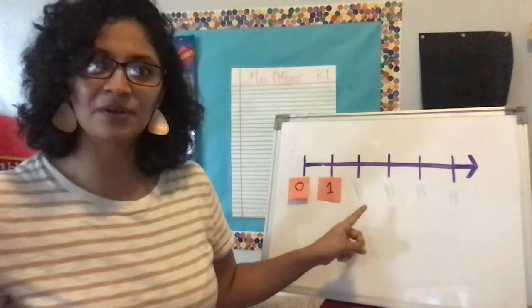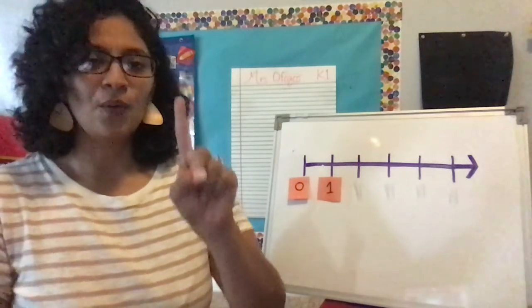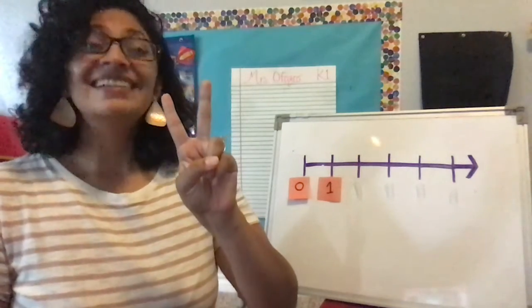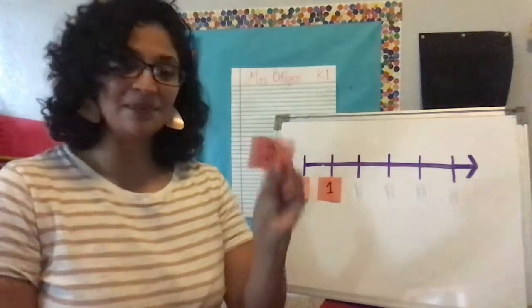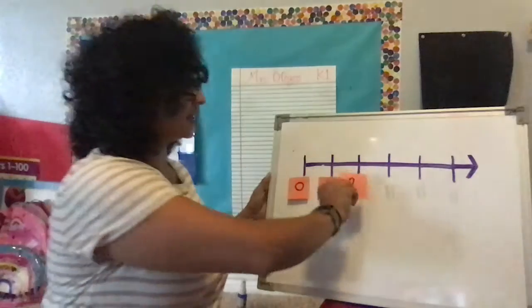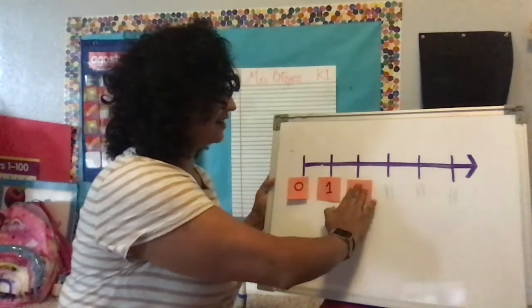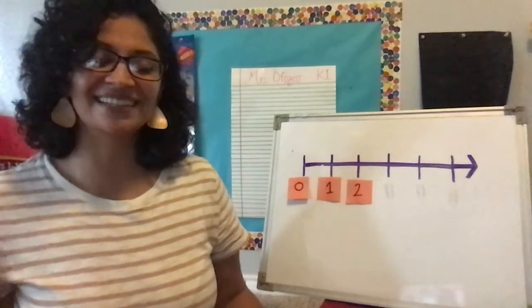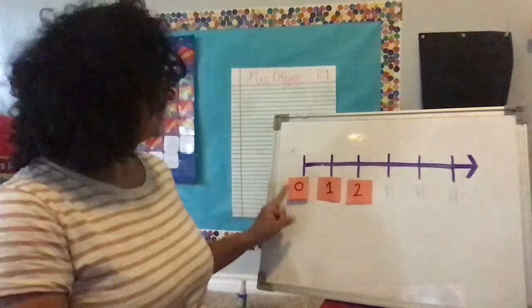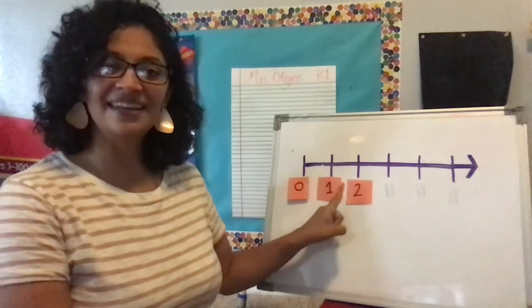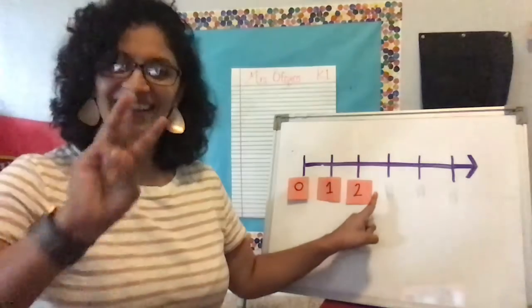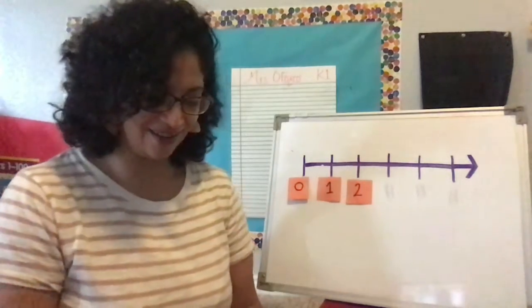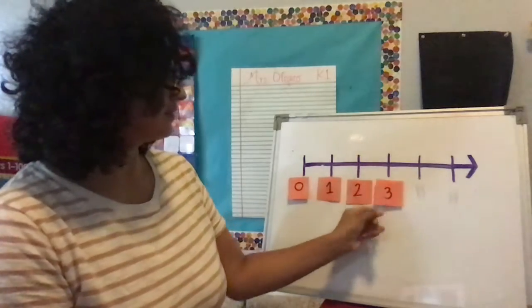When we count our numbers, it's 0, 1, 2. Great job, 2. So I'm going to take my number 2 and I'm going to place it right here next on my number line. You ready? 0, 1, 2. What comes here? 3. Good job, 3. And there's number 3.